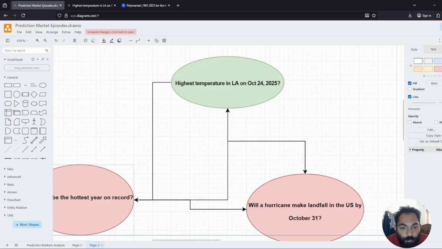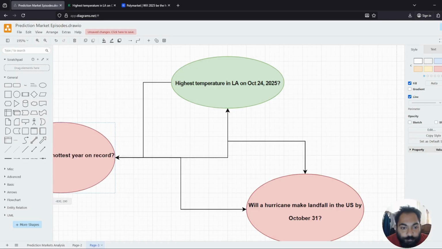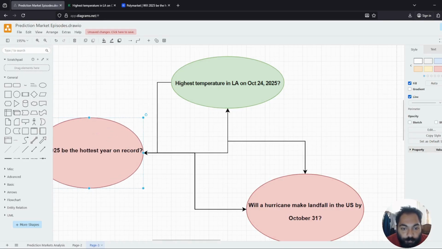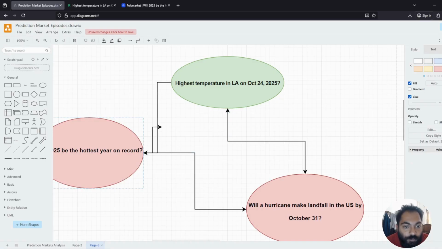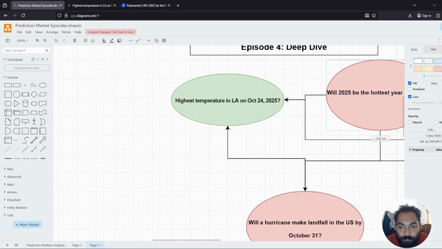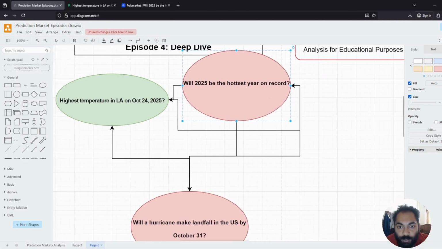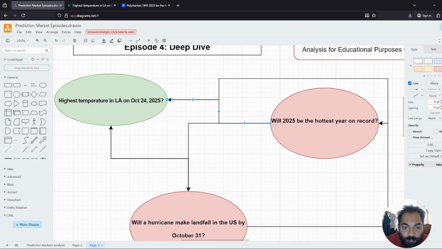So we sort of have a loop over here. All right, so what we have is a sort of relationship diagram.